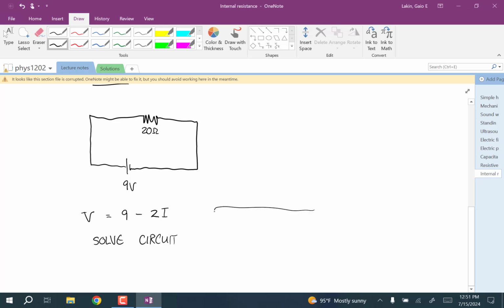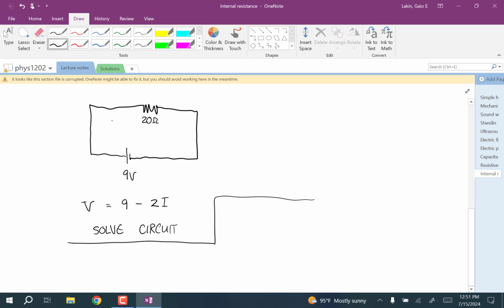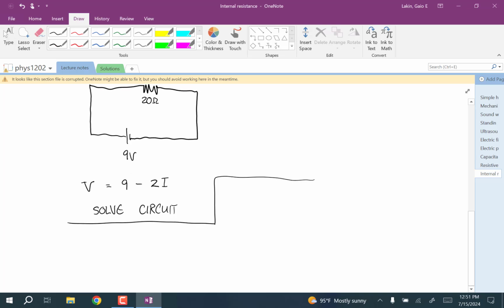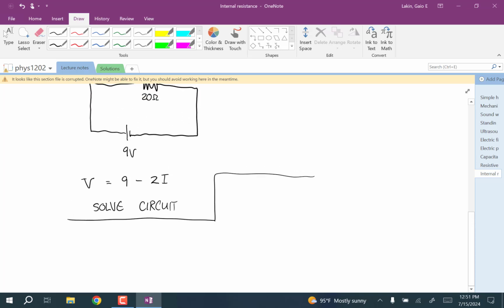Well, if it was really providing 9 volts at whatever current, then we would have 9 volts across this resistor, and the current would be 9/20ths of an amp. Okay, but this battery can't provide that much current very easily.